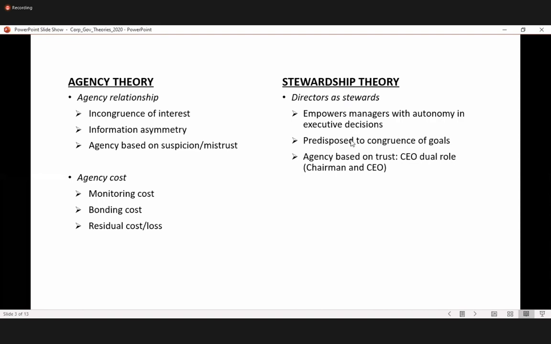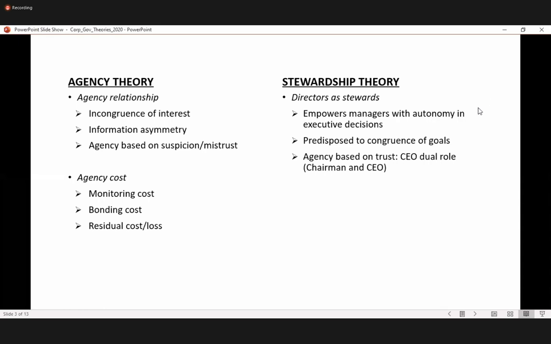But in the stewardship theory, the agent, because there is also agency in this, the managers or the directors representing the shareholders act as agents too, and this theory postulates that the agent is predisposed to congruity of goals.